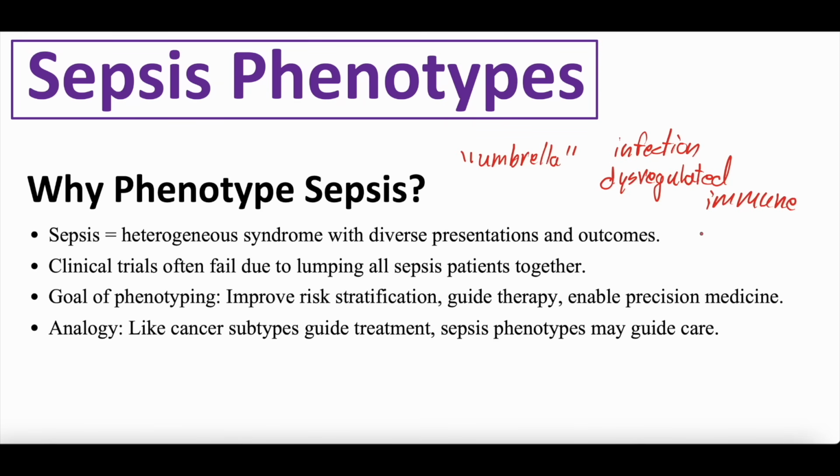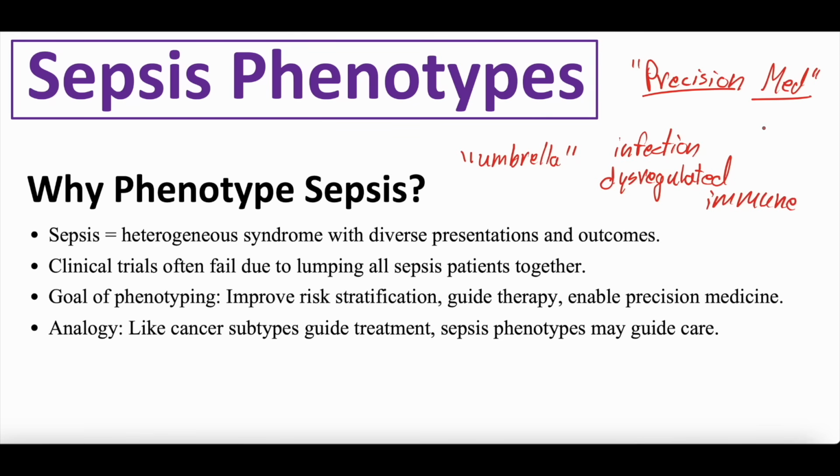vasodilation, possibly sepsis-induced cardiomyopathy, but all patients act a little bit different, right? Not every patient with sepsis looks the same. And what we're starting to learn as we start to understand sepsis and really medicine in general is that precision medicine is really important because patients react differently from one another.